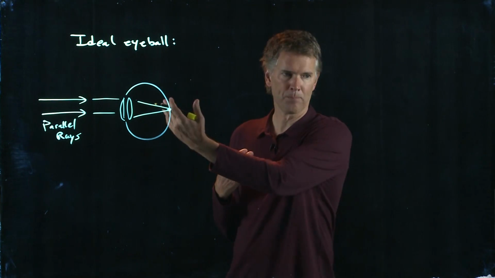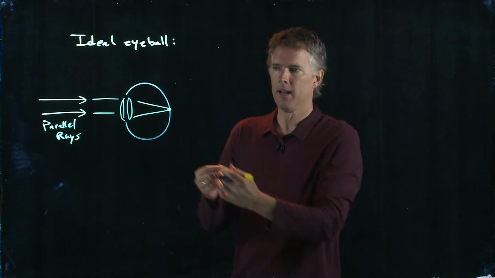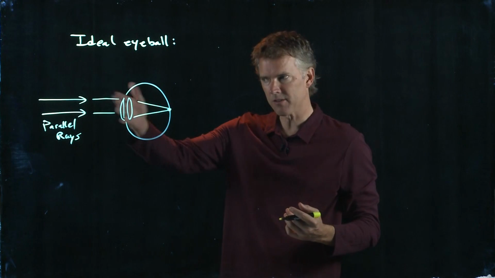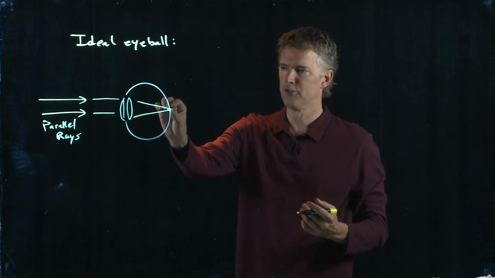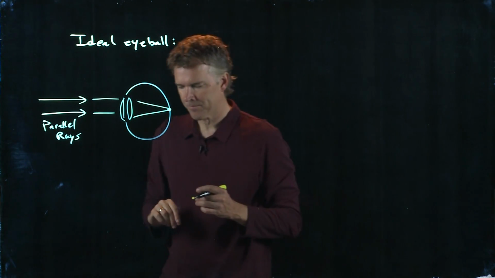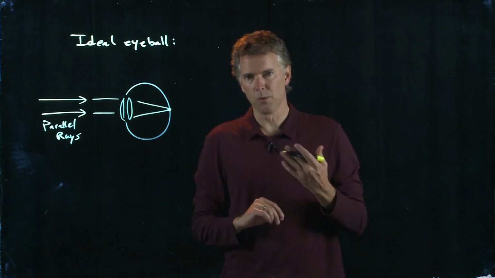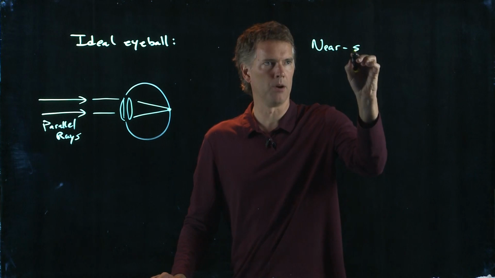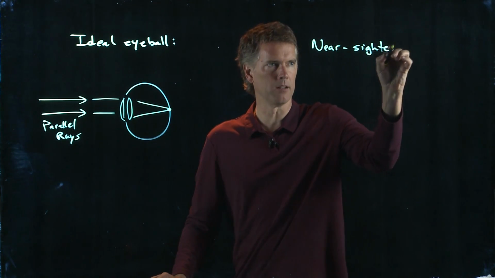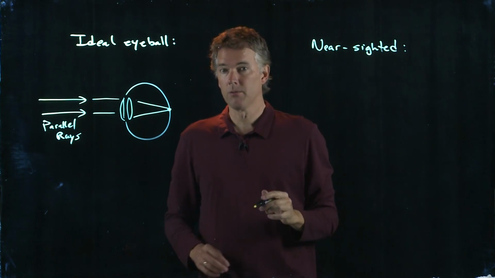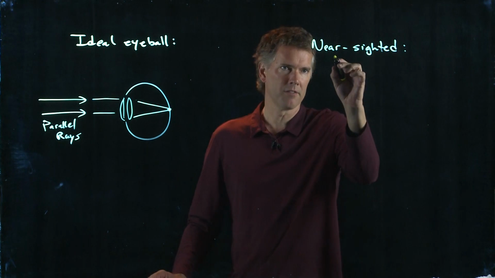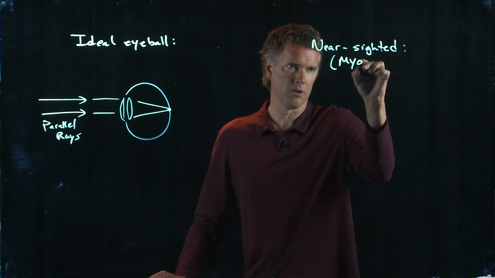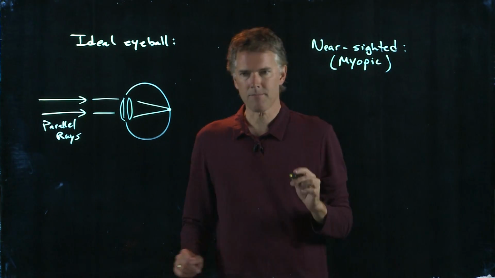So when you look at a distant star, it looks like a point. The rays coming from that star are parallel. It should all focus down to a single point. But you, of course, rarely have an ideal eyeball. A few of you have ideal eyeballs, but a lot of you are nearsighted. Nearsighted is, of course, called myopic.